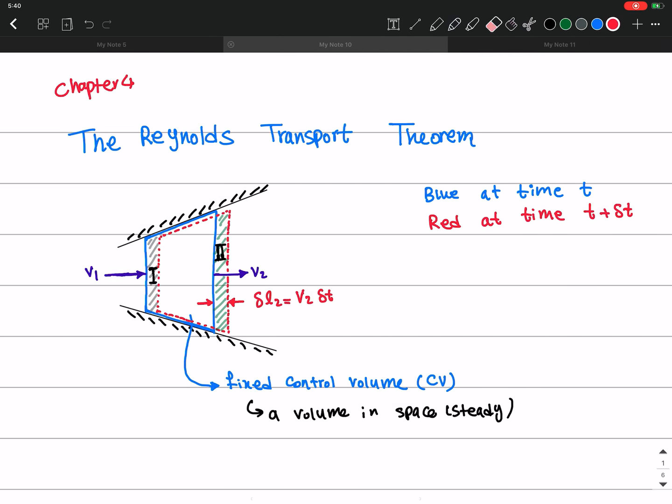Similarly, I can write it for this length here. I name it delta L1, which equals V1 times delta T.